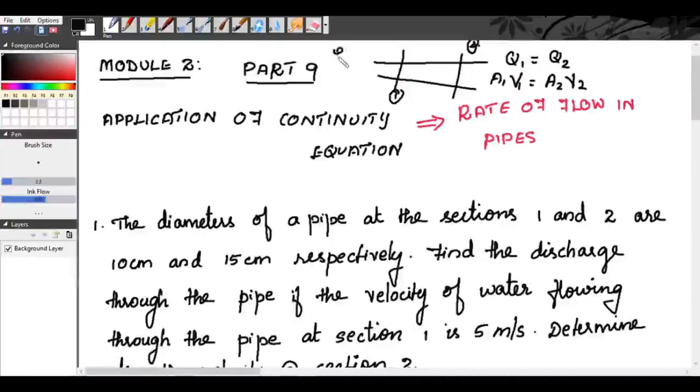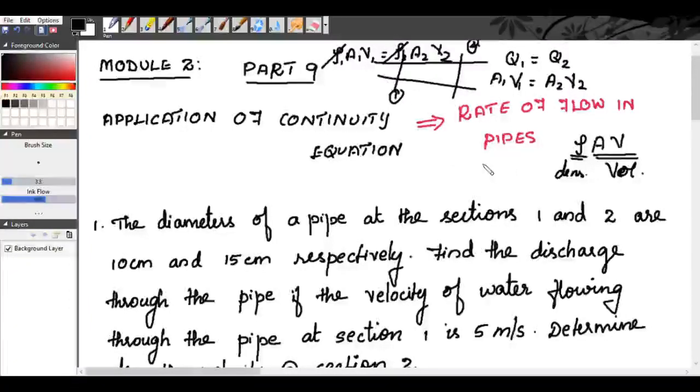Actually it is rho 1 A1 V1 is equal to rho 2 A2 V2. For a liquid, density will be the same, so we can cancel this rho. We get A1 V1 is equal to A2 V2. This is nothing but rho AV. Area into velocity is your volume, and this is your density.